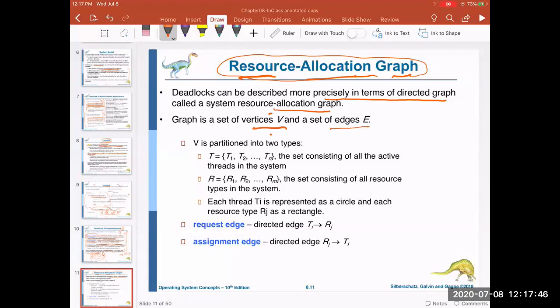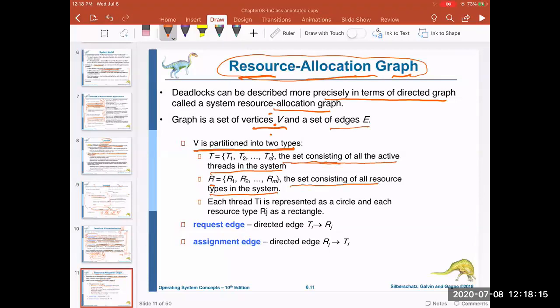Let us suppose V is partitioned into two types. First, the T type, which is the set consisting of active threads in the system, and then the R type, which is the set consisting of resources in the system.